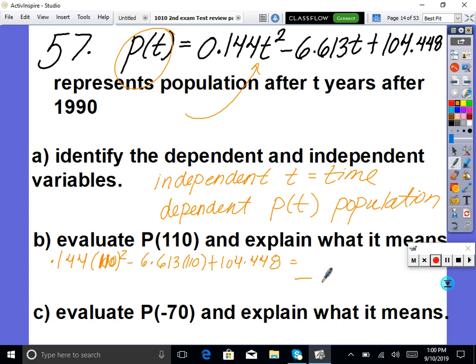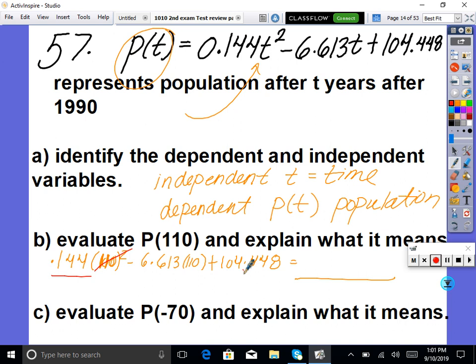So we would get some number. I'm not going to take the time to calculate it because I have confidence you could type it into your calculator exactly as you see it. And if you couldn't, you'd make sure to go in order: 110 times 110, then times that, and then after that you would just add it to the rest of this.